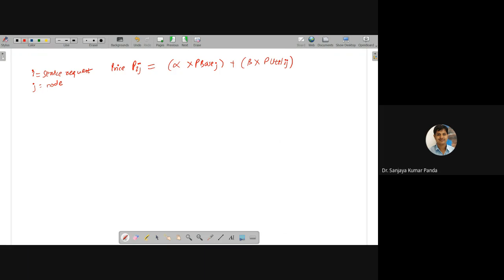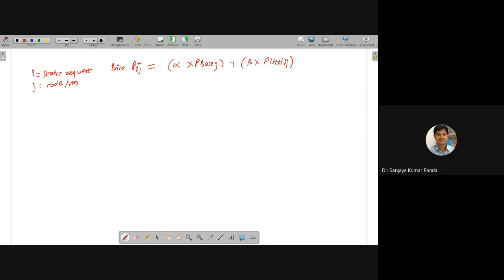See, Pij means what? i is for your request. Request is given by whom? User. j is nothing but the node, or you can say virtual machine. Your cloud service provider is going to provide you a particular node or a virtual machine. So in order to calculate the price of getting a request and assigning it to service request i, you need to calculate the price Pij, which is nothing but alpha into P base j.